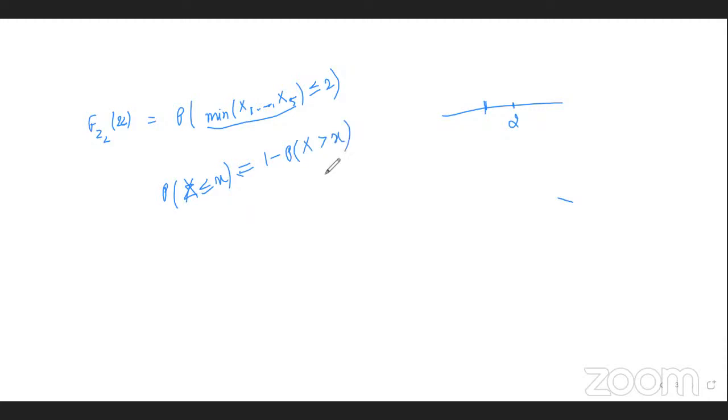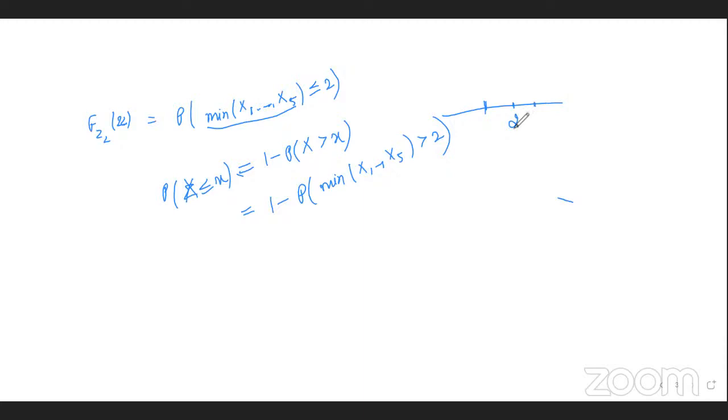This is a discrete random variable, so the same thing we will do here. We'll write it as 1 minus the probability that the minimum of X1 up to X5 is greater than 2. If the minimum is greater than 2, whatever the minimum value is taking, it is greater than 2.